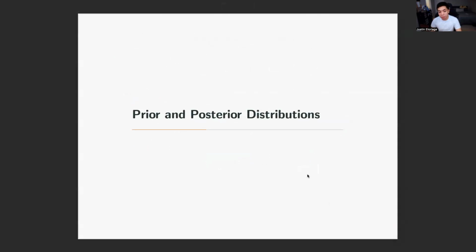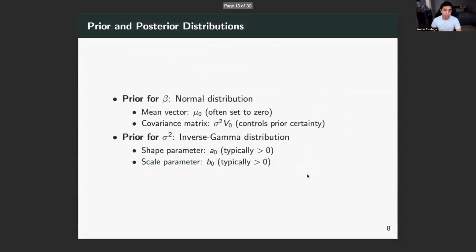Now let's dig in deeper with the prior and the posterior distributions. Our prior for beta follows a normal distribution in this example. That distribution will have a mean vector, mu naught, and a covariance matrix given as sigma squared V naught.